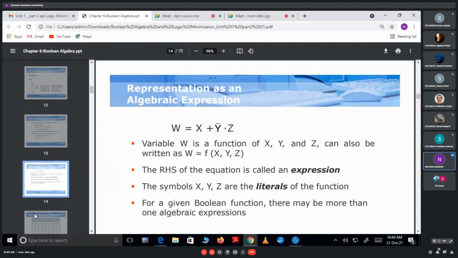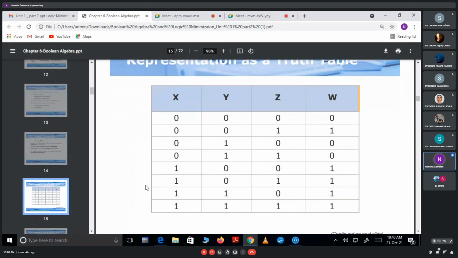Now, just go through this truth table, the representation of a truth table.